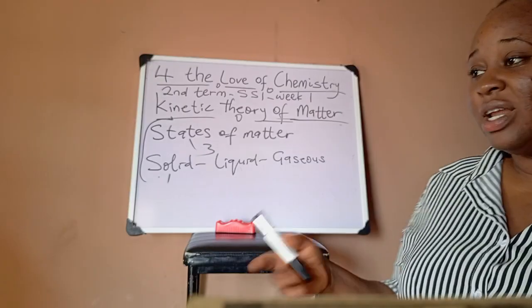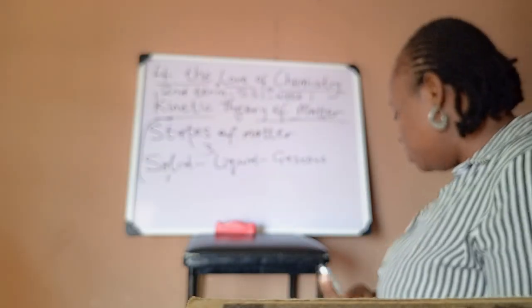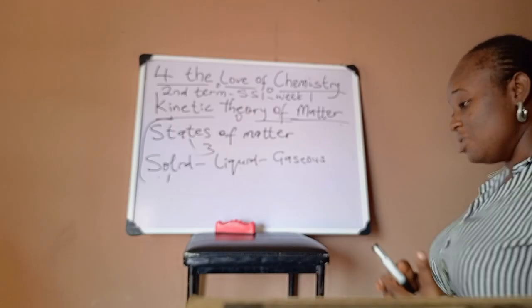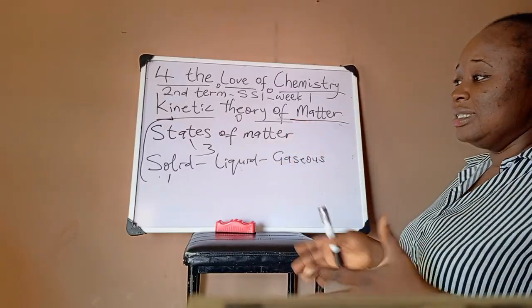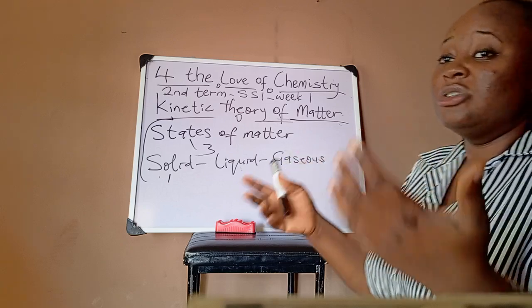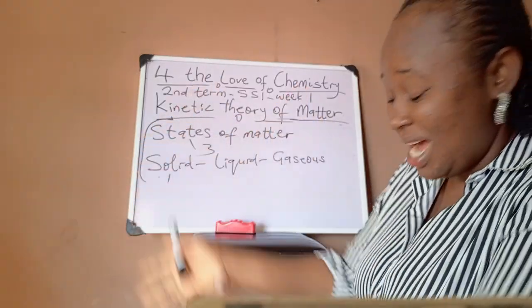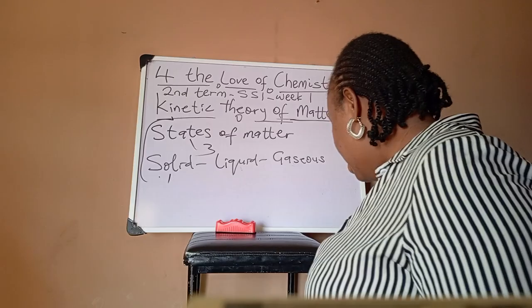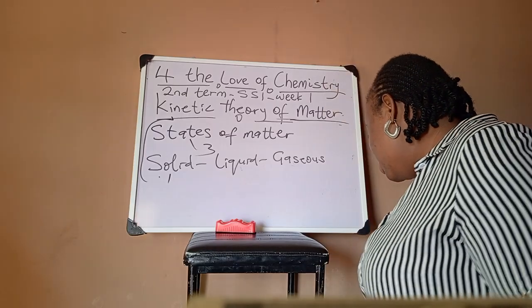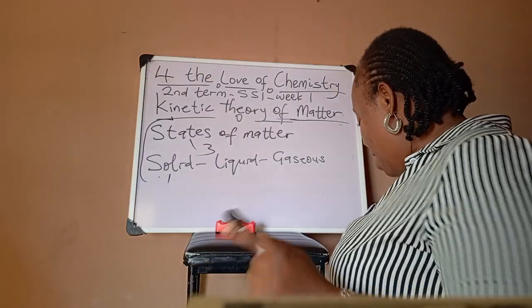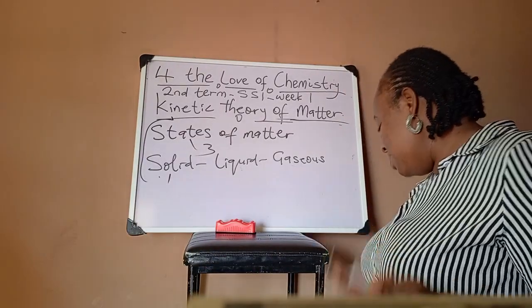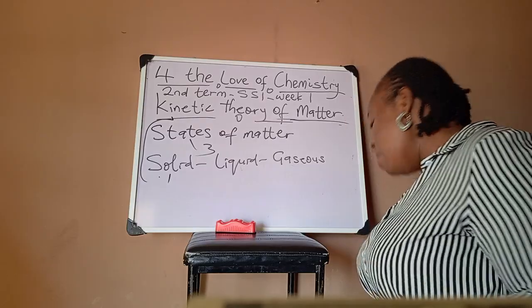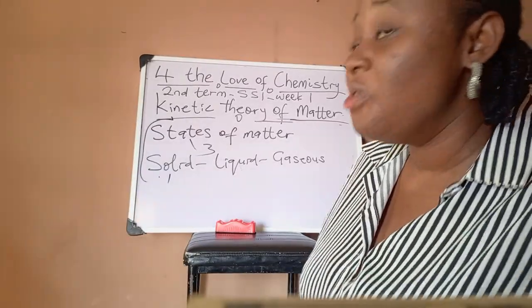You have covalent combination whereby two non-metals come together, and you have your metallic bonding and all that. All these things result in either a solid or a liquid or a gas, depending on the kind of bonding. So when it comes to the solid state, we have the electrovalent bond, the covalent bond, the metallic bond, or even the very weak van der Waals forces.